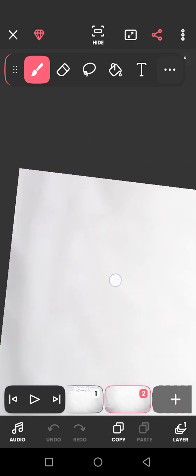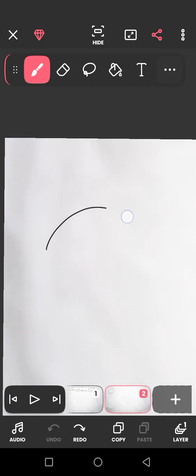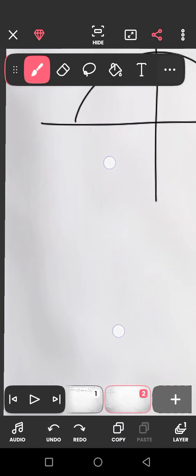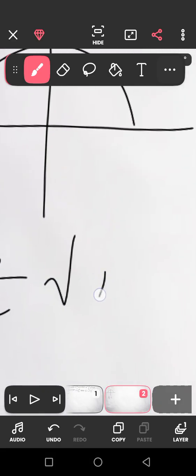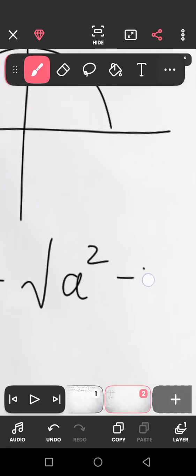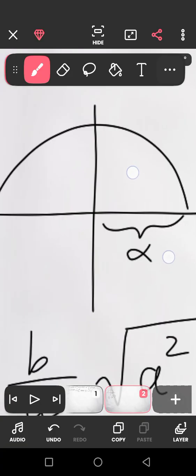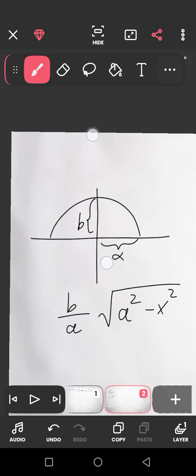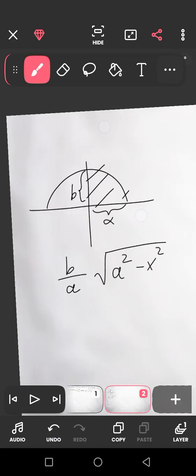The top semi-oval equation, I'll just directly say it, with a and b. Now the entire area of this oval will be equal to 4 multiplied by this area.